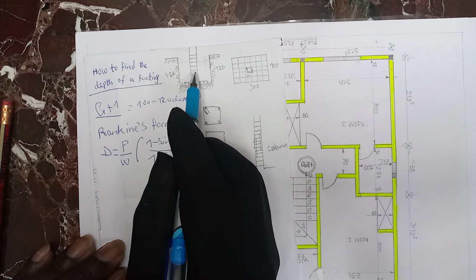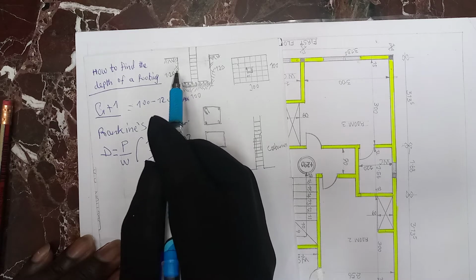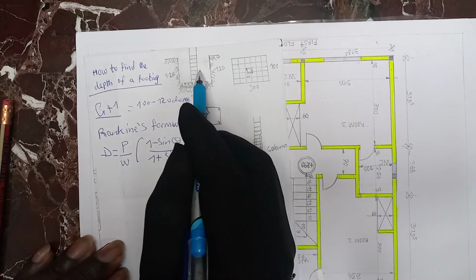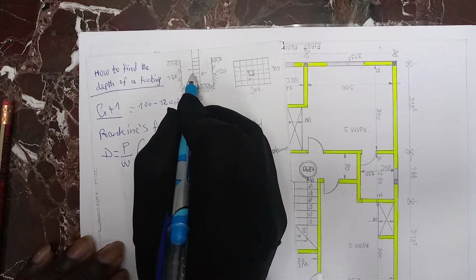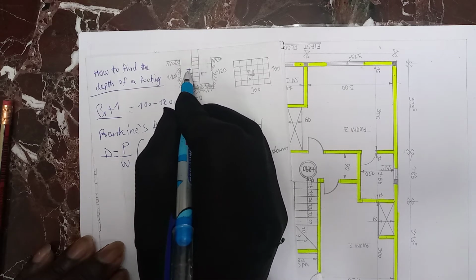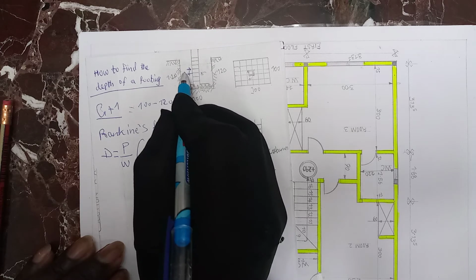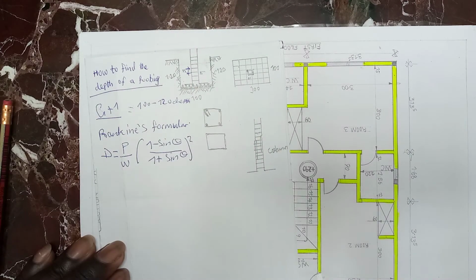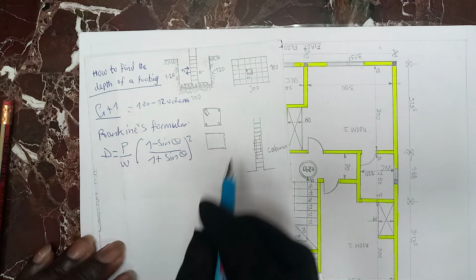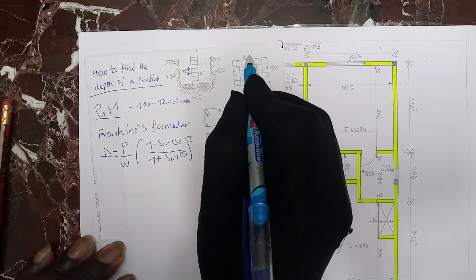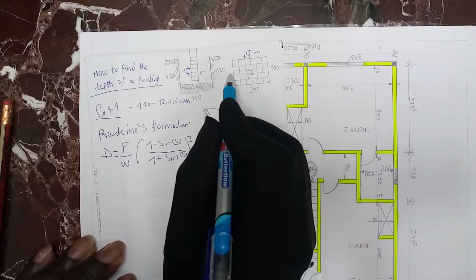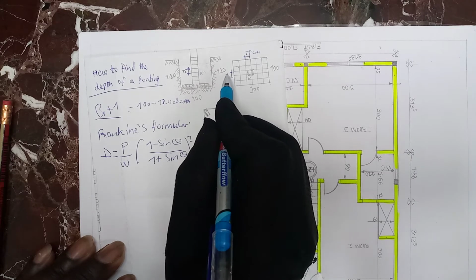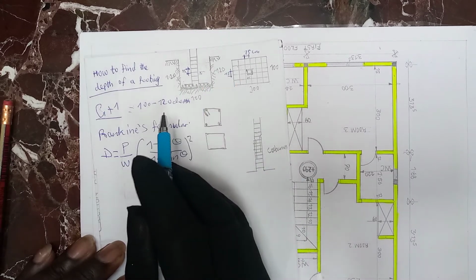And your stirrups, these are stirrups, guys. You will space your stirrups at least 15 centimeters apart. Also your mesh, the distance should be at least 15 centimeters, center to center.